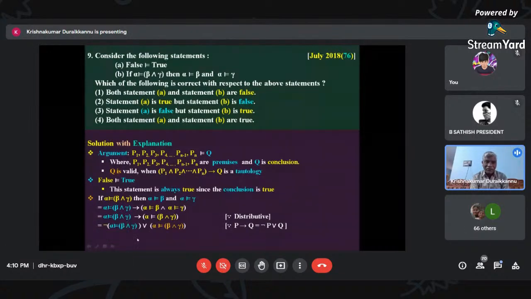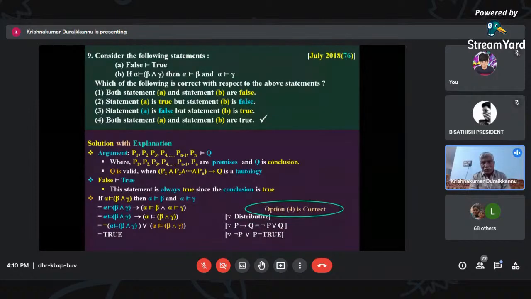Like a digital variable, the union of a variable and its complement is true. Similarly, here this is a proposition and the same proposition is negated. That means the OR of a proposition and its negation is always true: not P or P equals true. So both are true.